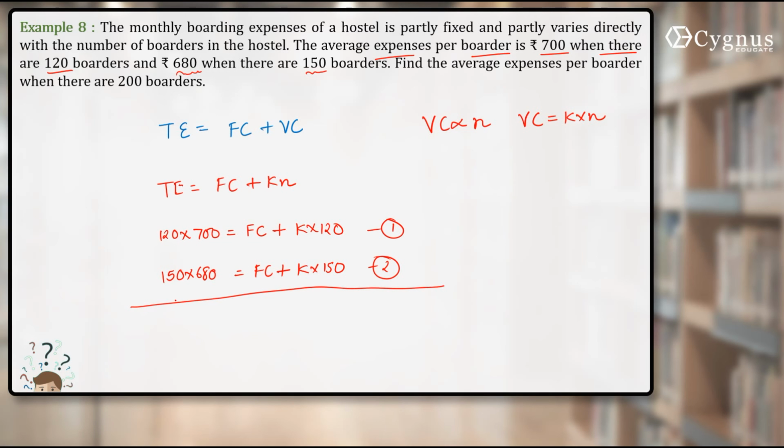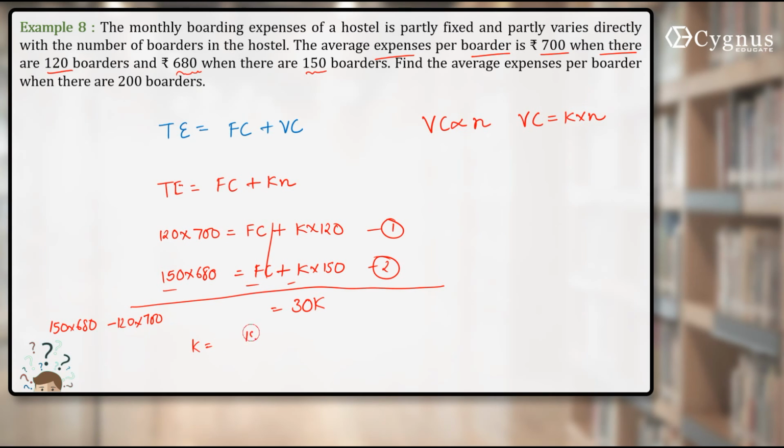Take the difference of these two equations. FC will be cancelled out. Yes or no? 150K minus 120K will give you how much? 30K. And on this side, I'll get 120 into 700, with a minus sign, subtracted from 150 into 680. So what's the value of K?